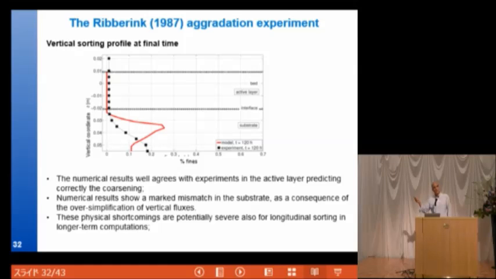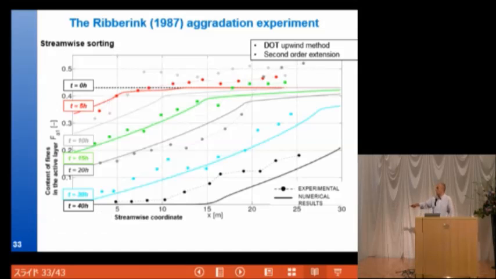That's why we explain the mismatch increasing in time between the numerical solution and the experiments. You can see that here you are very close, and then starting here you start to see some problems. Maybe this is due to this poor description of the sorting in the substrate.